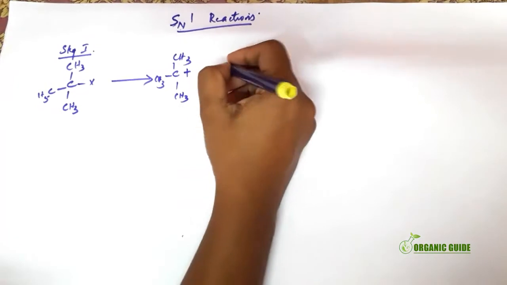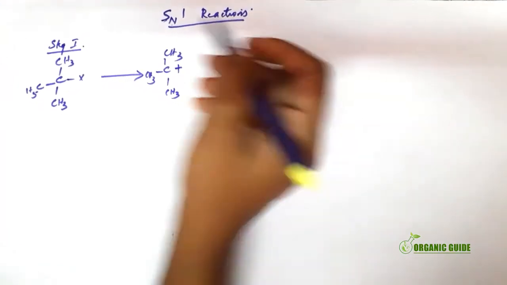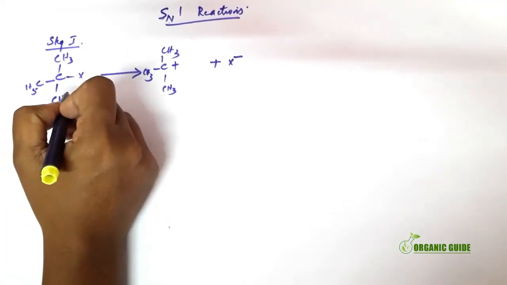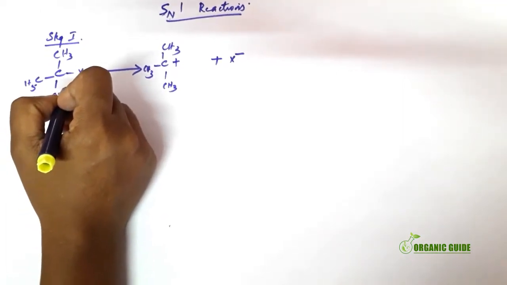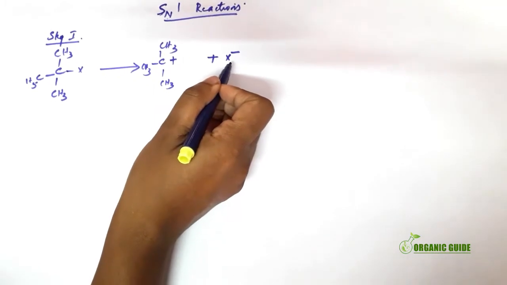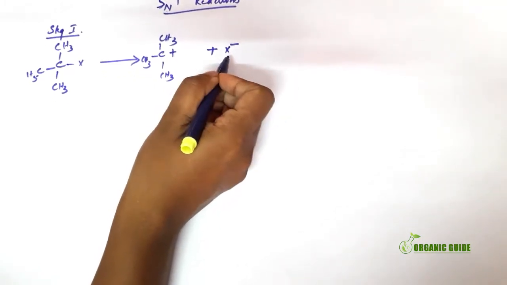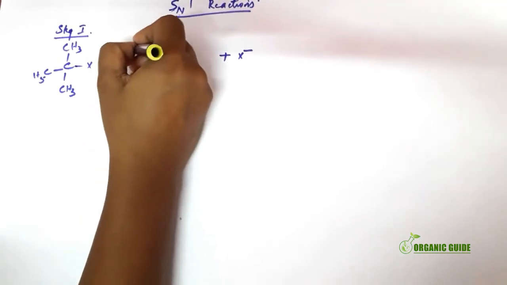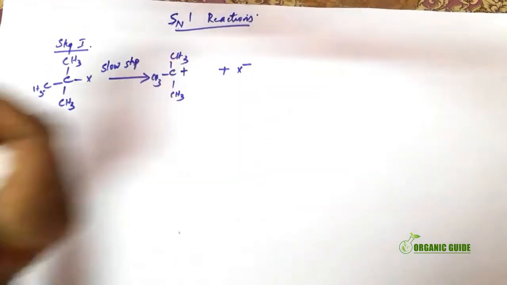This is the carbocation plus a halide. The slow ionization will occur in this alkyl halide by the influence of the base we are using, and a carbocation and a leaving group, that is the halide ion, will be formed. This is the slow step or rate determining step. This is step 1.